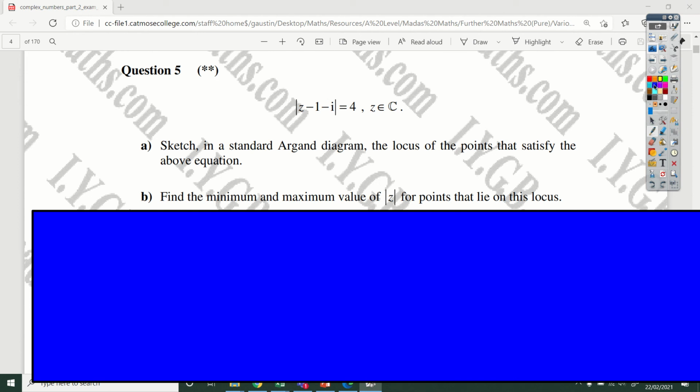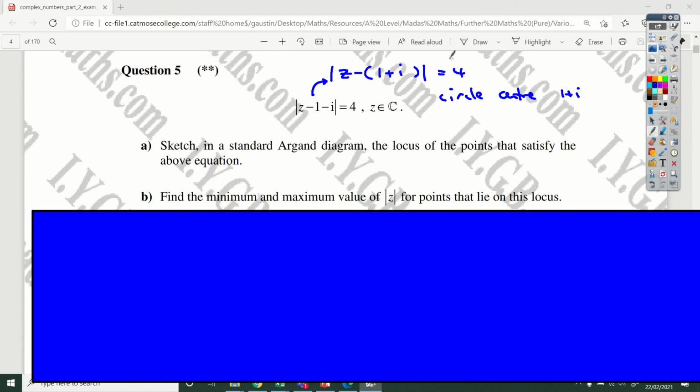So I'm going to rewrite this in a way that I can interpret it geometrically. If I bracket around this complex number, I'm going to get 1 plus i, which tells me that the distance from 1 plus i equals 4. That's the circle, centered at 1 plus i, and the radius is 4.